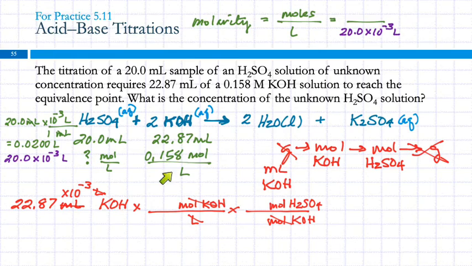So moles per liter, that's my molarity that I was given, 0.158 moles per liter. And then this is my mole ratio: H2SO4, there's 1, and KOH, there's 2. So 22.87 EE minus 3 times 0.158 divided by 2.